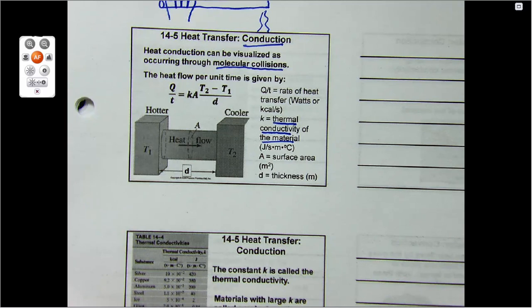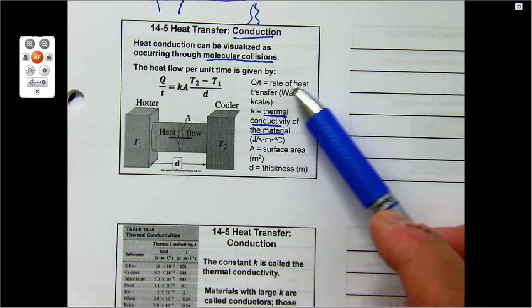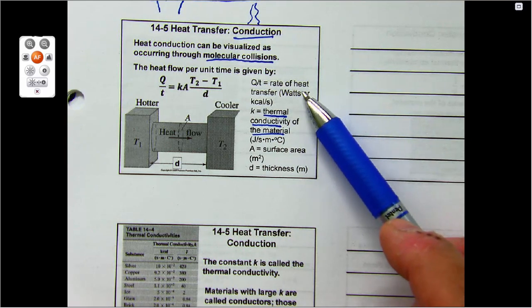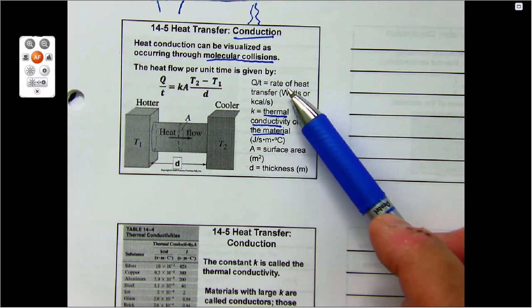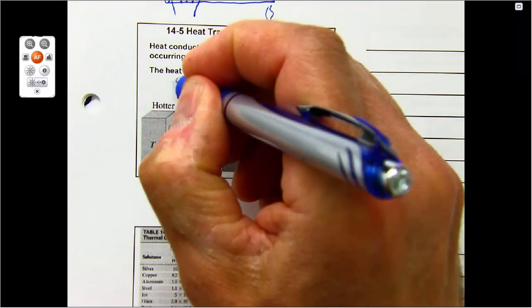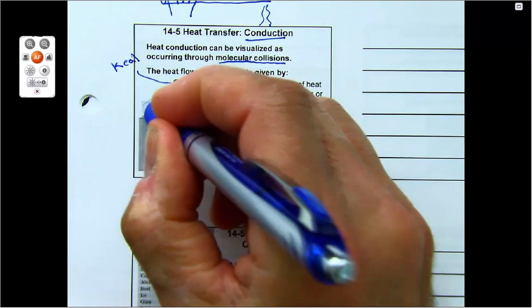So if it's less conductive, it would just take longer. So this isn't a quantity, this is actually a rate of heat transfer in watts or kilocalories per second. So this could be in kilocalories. This is seconds.